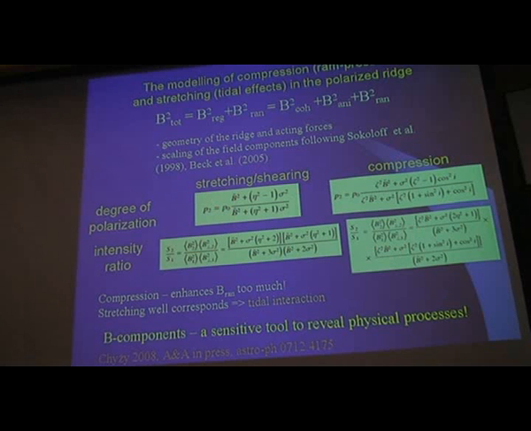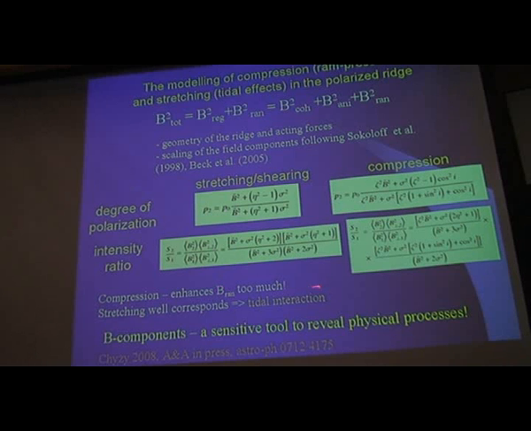Without going much into the details here, when these values are compared with observations, it seems that compression enhances random magnetic field too much, but stretching well corresponds with the observational data.